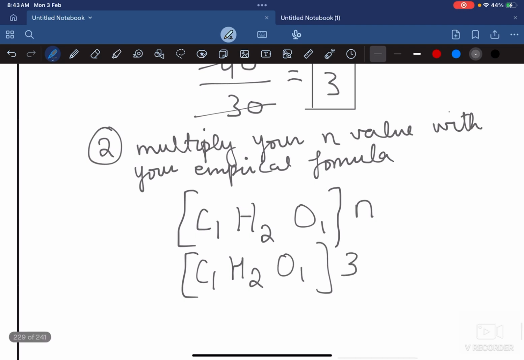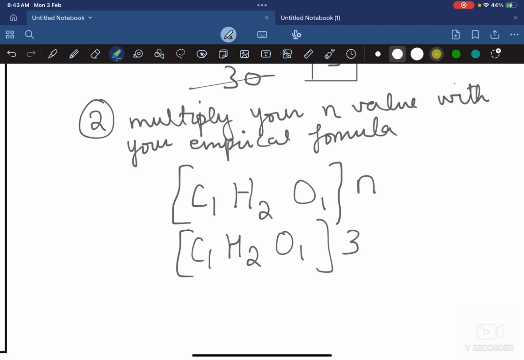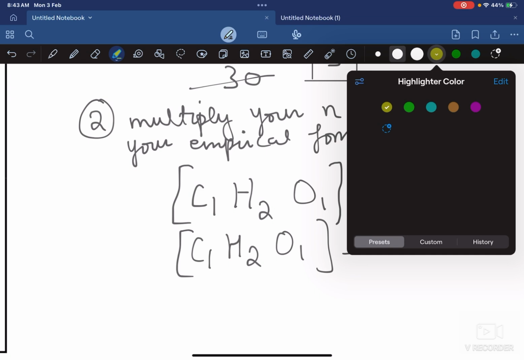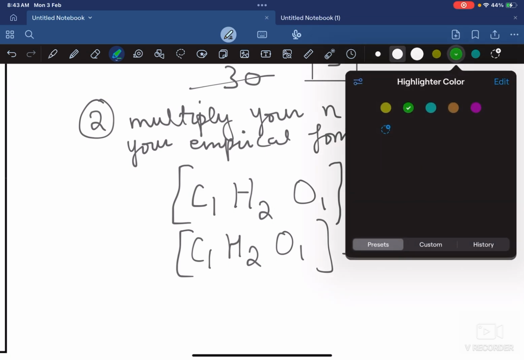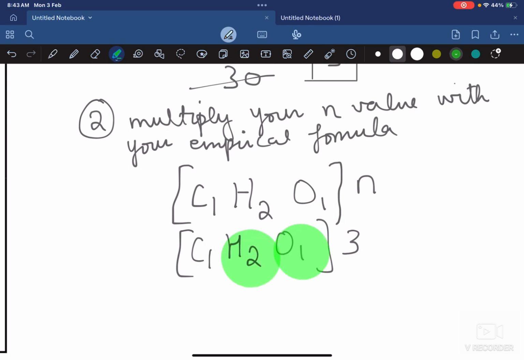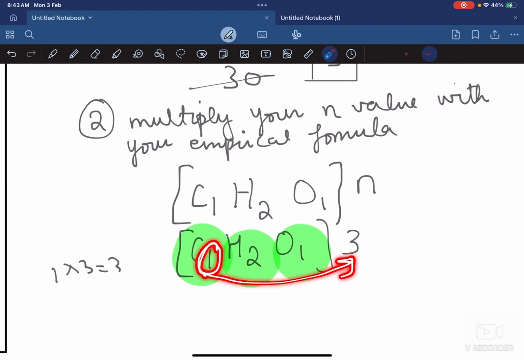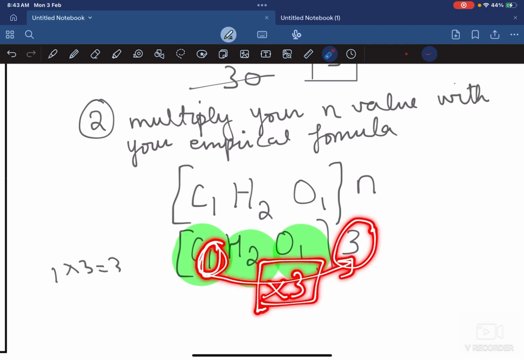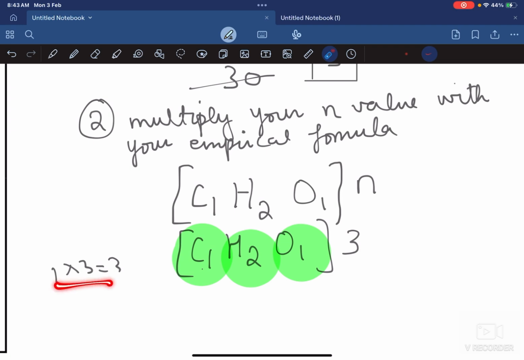What does it mean is कि जो इनके नीचे values है ना, these little values, this 2, this 1 and this 1 under carbon, that's going to be multiplied with the n. देखें, 1 times 3 is 3. ये carbon का जो 1 है ना नीचे, this 1 underneath carbon is going to be multiplied with the value of n. n हमारा 3 है, carbon के नीचे 1 है, so हम 1 को 3 से multiply कर देंगे. 1 3 times is 3.